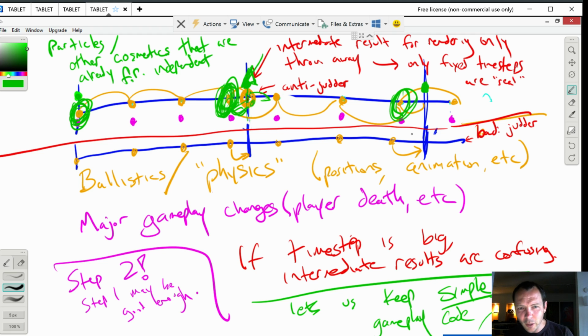And actually, now that you've said that, I'm pretty sure that Braid already does that, so we don't really have judder. Certainly we do that in places like World 4, where the time step is weird, I think. I don't know, man. It's been so long.